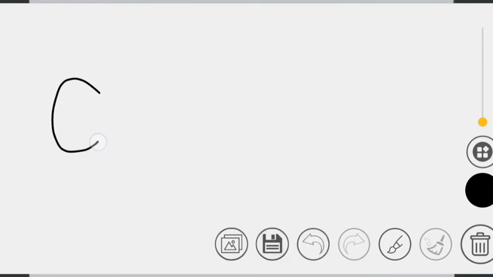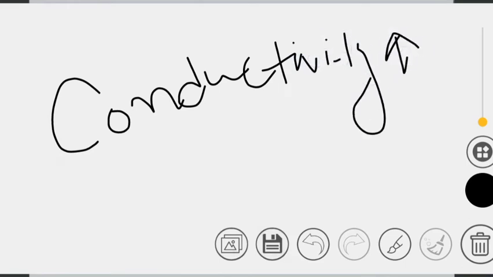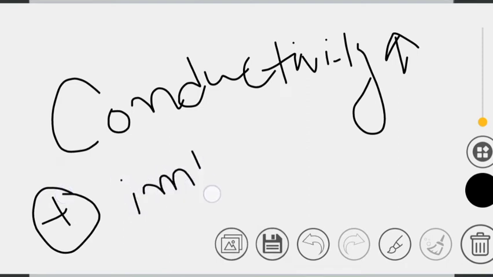Next is the conductivity of semiconductor. The conductivity of a semiconductor increases when we add impurities, where I denote add by plus. This process of adding impurities is called doping.